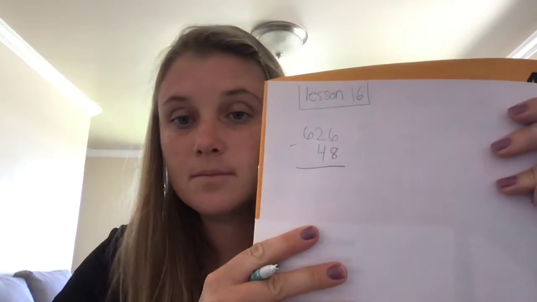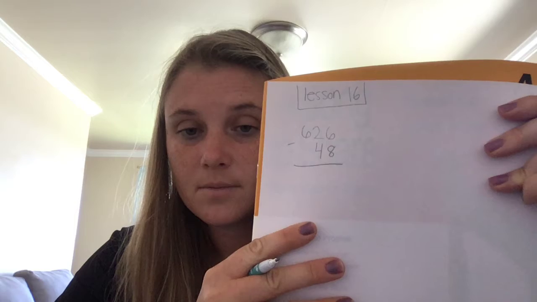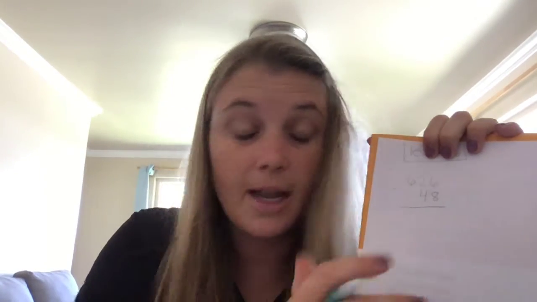Okay. For the review, I want you to write down in your journal 626 subtract 48. Okay, let's do this. We always start with the ones. 6 take away 8.